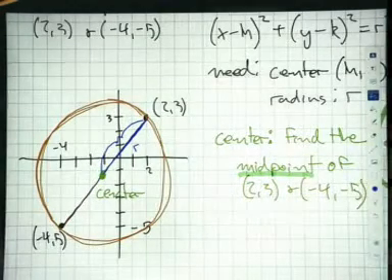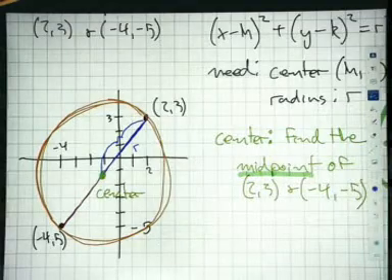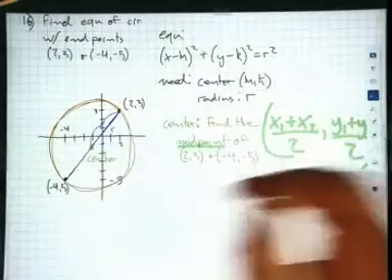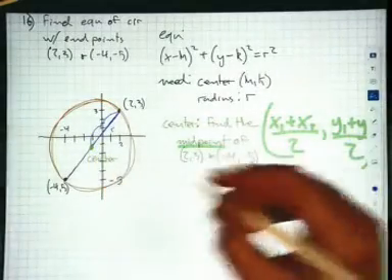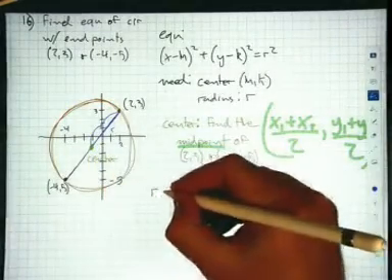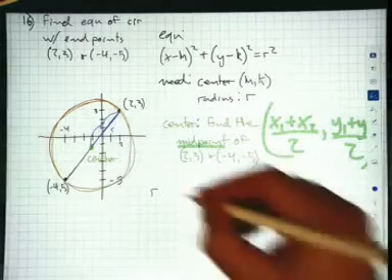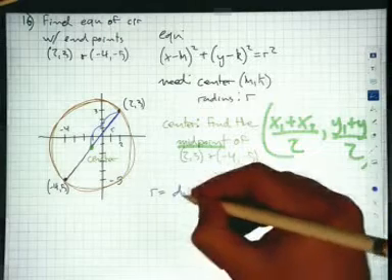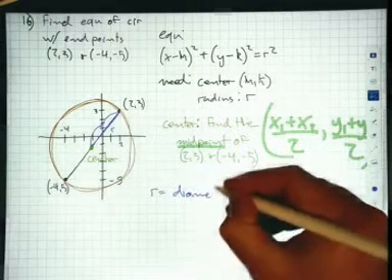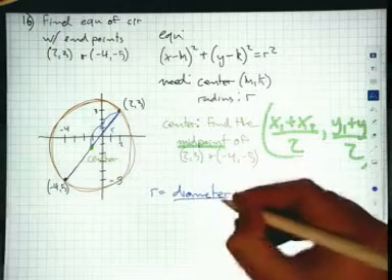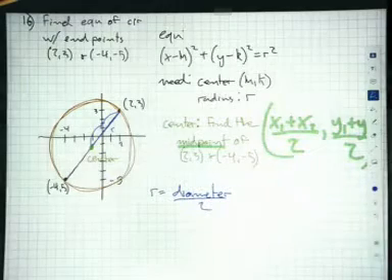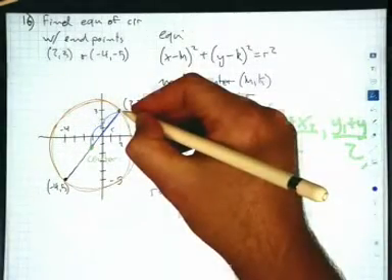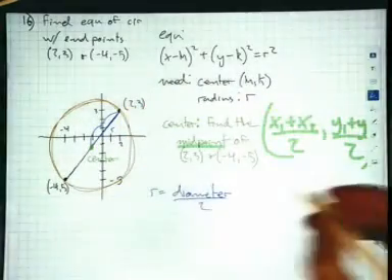Now, there's a couple of ways to find the radius. Without knowing what the center is, r is going to be equal to my diameter divided by 2. If I know the length of my diameter and divide by 2, that's going to be my radius.